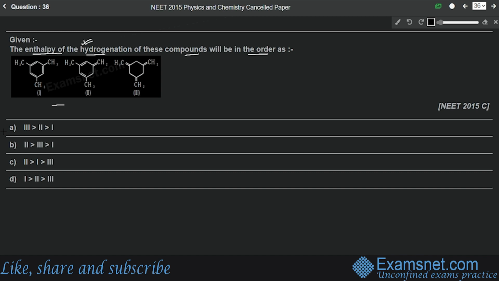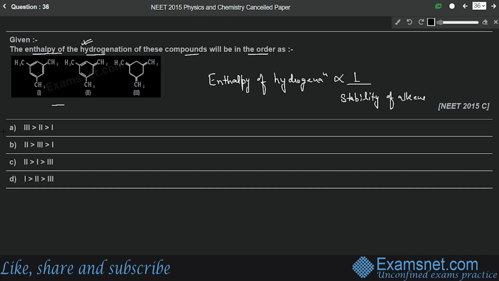So we know that the enthalpy of hydrogenation will be inversely proportional to the stability of the alkene. Okay, stability of the alkene.